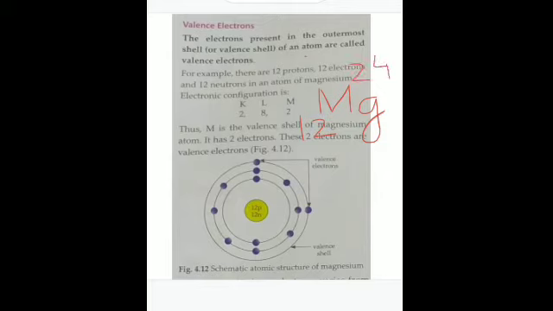This is what is given over here. So how many electrons? It will have 12 electrons and 12 protons, and similarly 12 neutrons. Inside the nucleus it is mentioned as 12 protons and 12 neutrons.